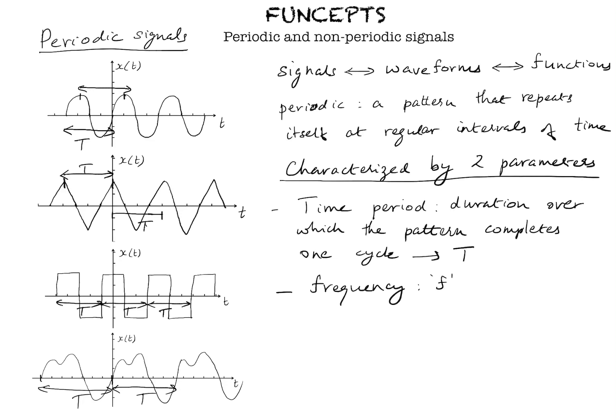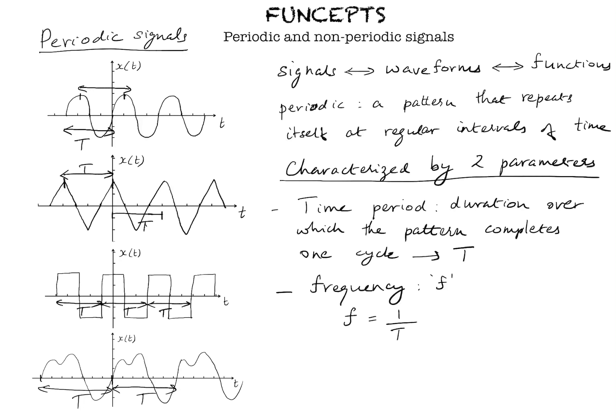The relationship between time period and frequency is that they are inversely related. That is, the frequency f is equal to the inverse of the time period. So frequency tells us the number of cycles or the number of times the pattern repeats itself in 1 second.